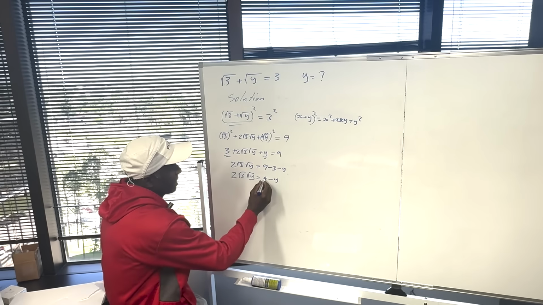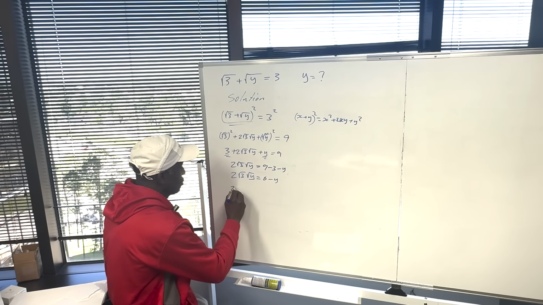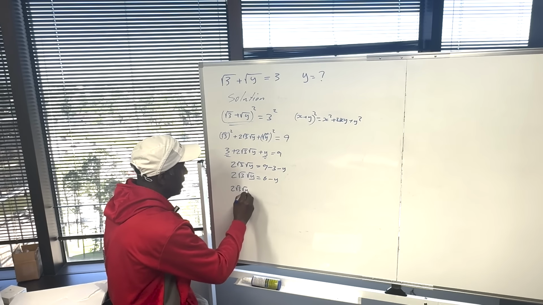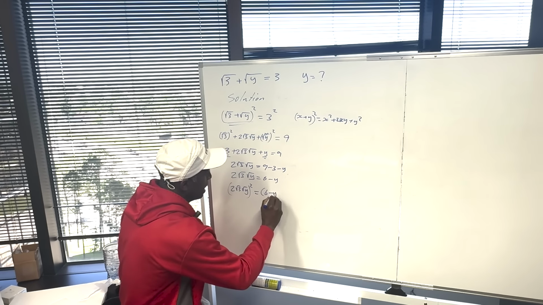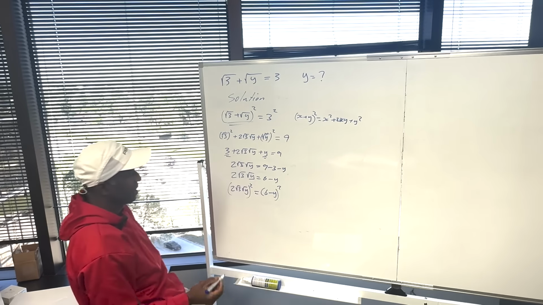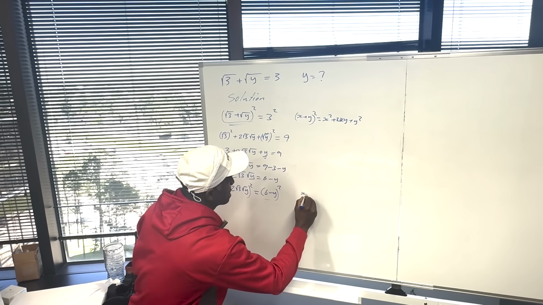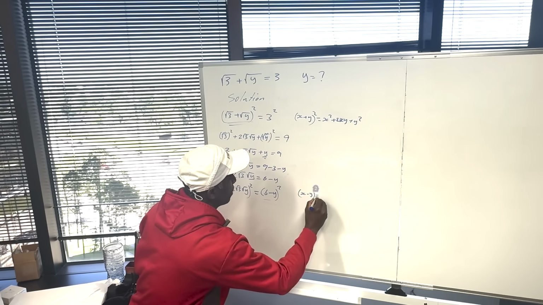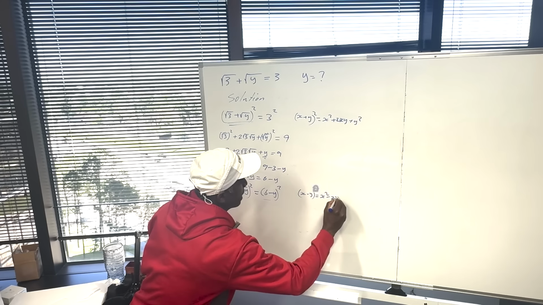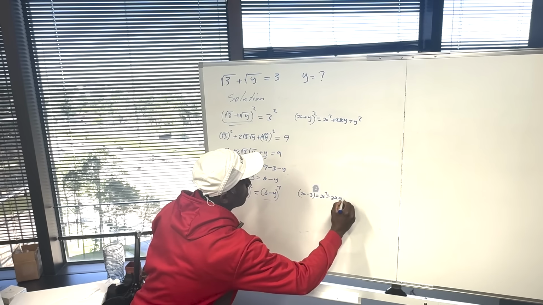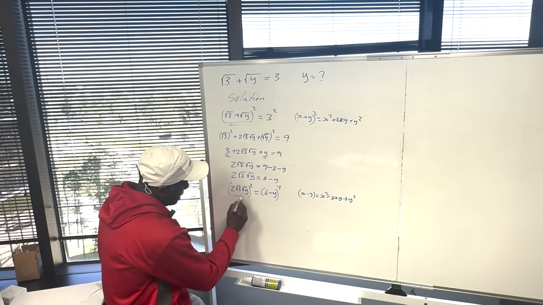Let's square everything again. So we get (2 square root of 3 square root of y) all squared is equal to (6 minus y) squared. From here, we can say (x minus y) squared is equal to x squared minus 2xy plus y squared.